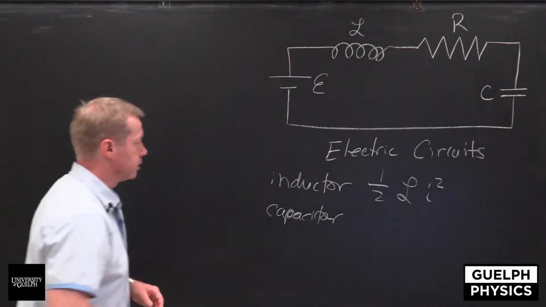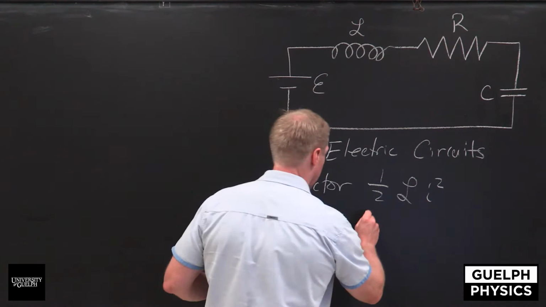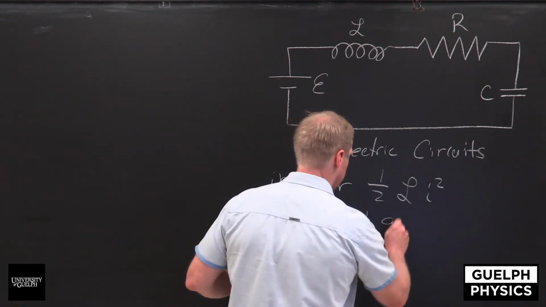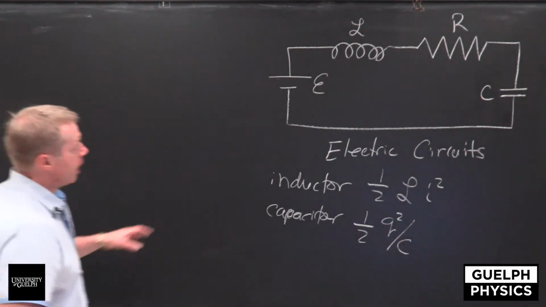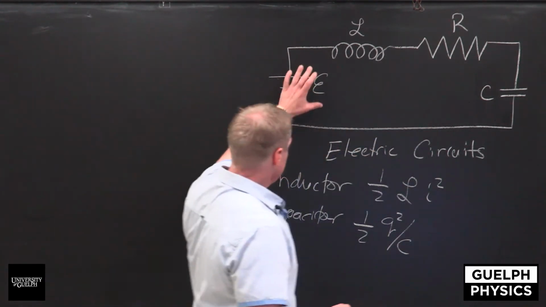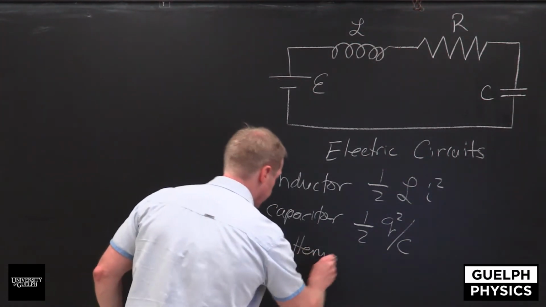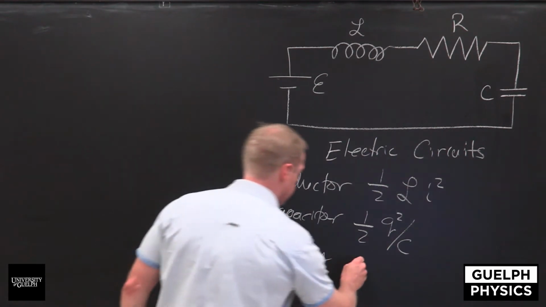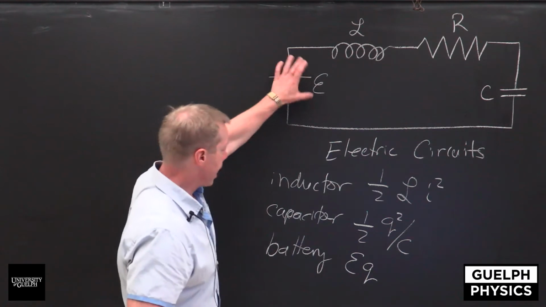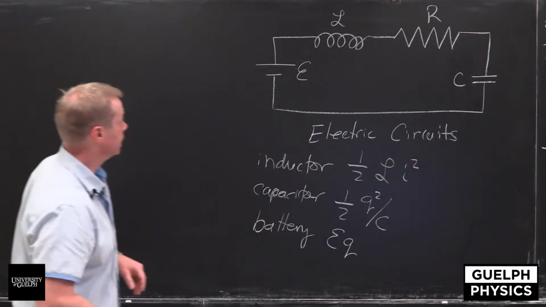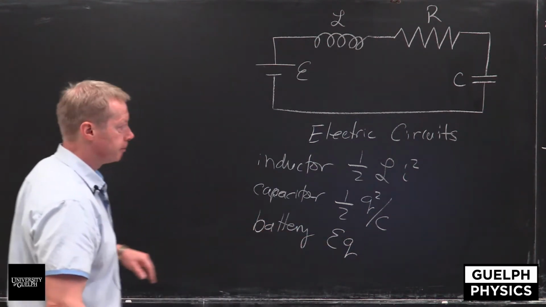I look at a capacitor, and it also stores energy of 1/2 Q squared over C. We look at a battery, and the battery provides energy given by the voltage across the battery, this E, times the amount of charge that moved across the battery.